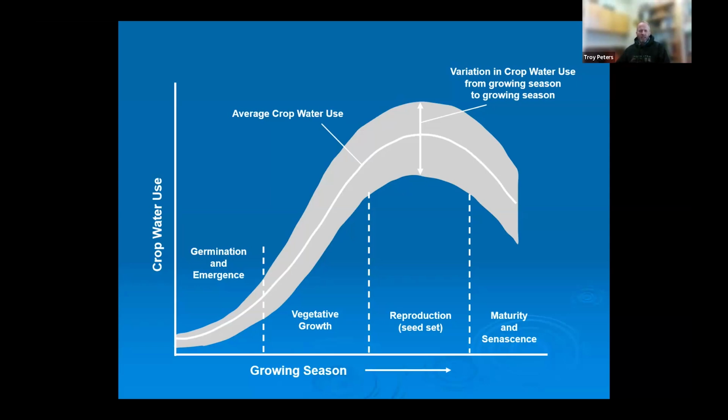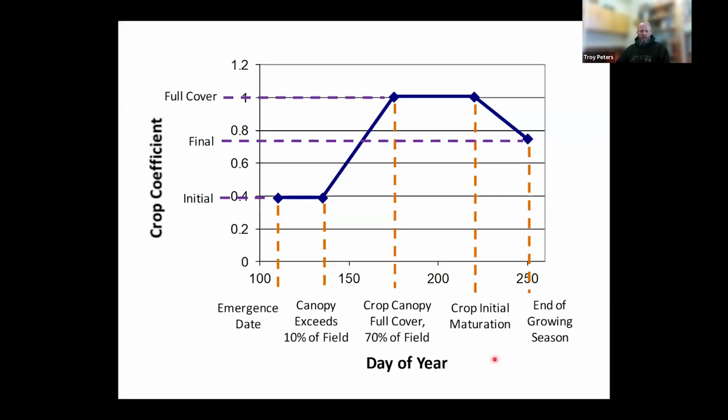Here's generally what it looks like, but we can simplify that curve using these 5 points that people can relate to, and 3 numbers: the initial, the full cover, and then the final crop coefficient.